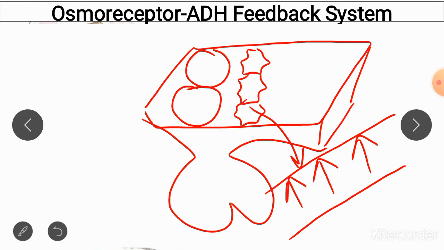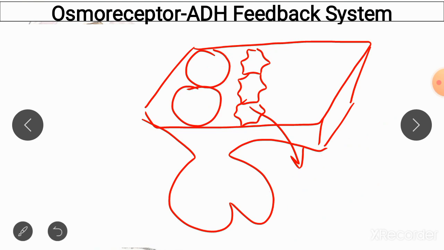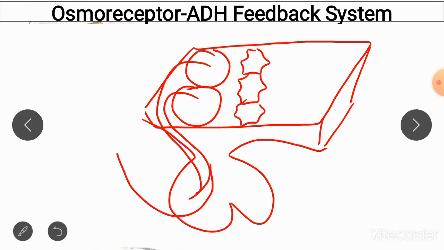So these osmoreceptors, when they come in contact with this hyperosmolar extracellular fluid, they shrink and they send special signals to the supraoptic nucleus and prompt the supraoptic nucleus to increase the production of ADH. So there is going to be greater production of ADH from the supraoptic nucleus, and this ADH is transported to the posterior pituitary, from where it is excreted into the blood.